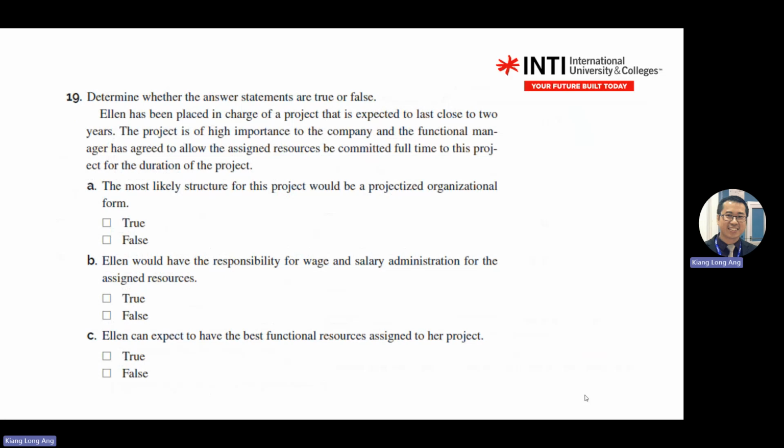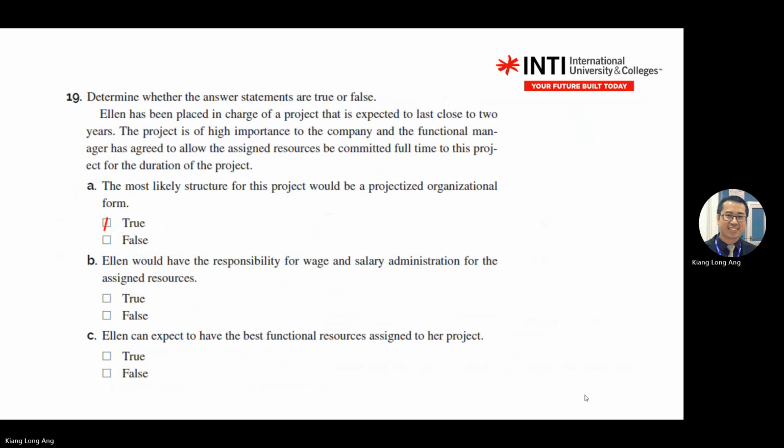Right? There's a definition for short and long. The project is of high importance to the company, and the functional manager has agreed to allow assigned resources to be committed full-time to this project. So the most likely structure of this project would be project organization, true or false?